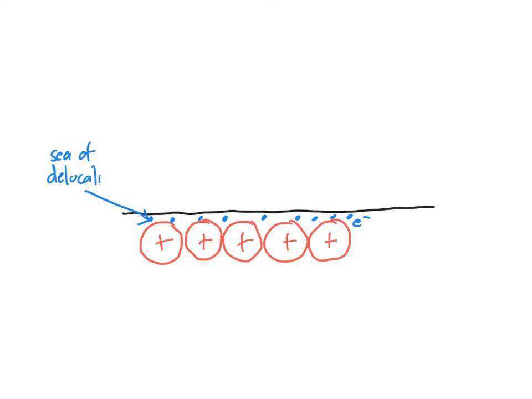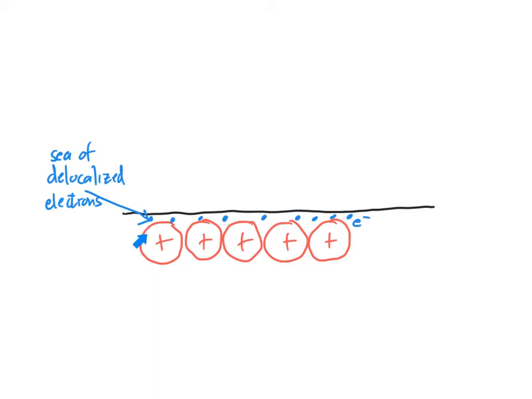Also referred to as a Fermi sea in university physics. So there's a sea of delocalized electrons, which are negative, and then there is this crystal lattice of atoms that have lost their electrons, and therefore they have a net positive charge. But please note that they still have electrons in them.